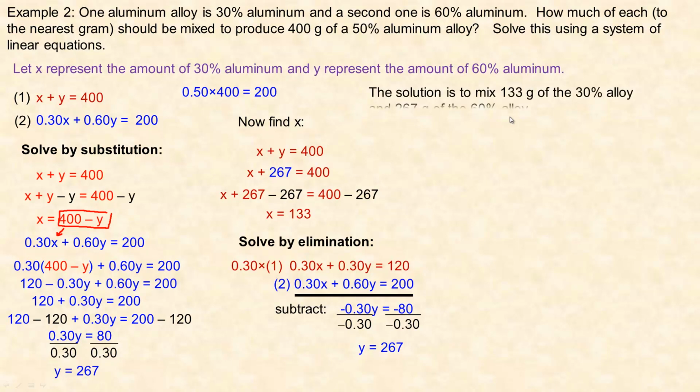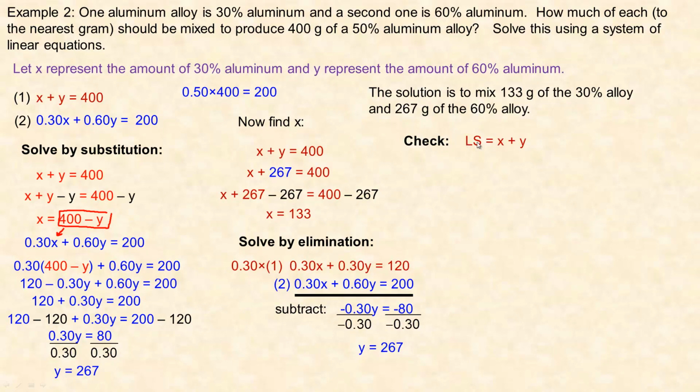So remember, x is the number of grams of 30% aluminum. So it looks like there's 133 grams of the 30% alloy that should be mixed, and 267 of the 60% one. So let's do the check. In the first equation, x plus y is the left part of the statement.